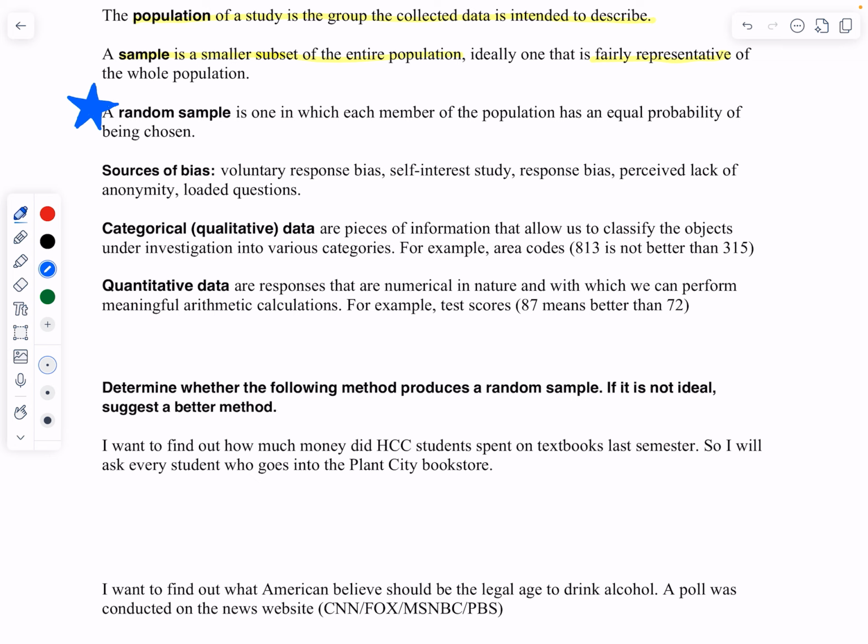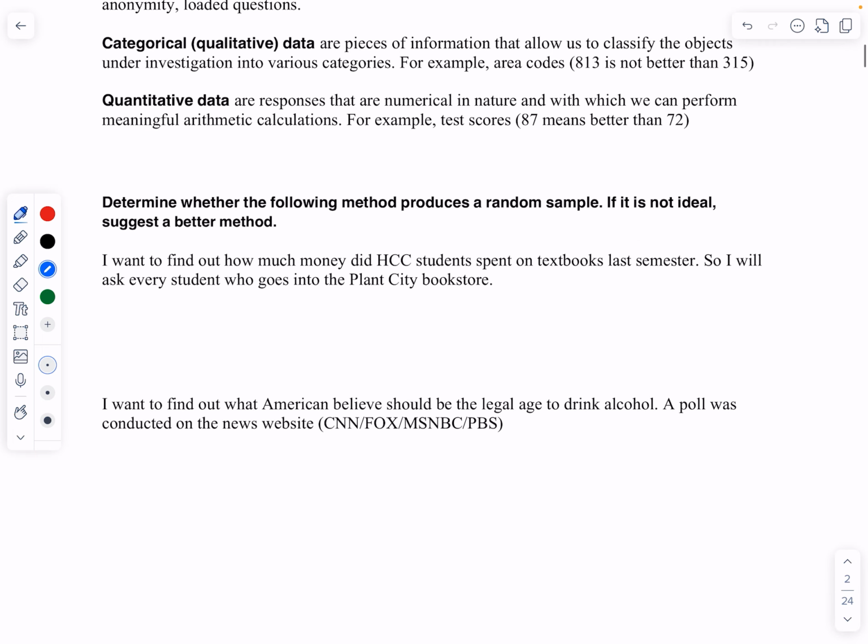Quantitative data are responses that are numerical in nature and with which we can perform meaningful arithmetic calculations. So quantitative data, for instance, would be your test scores. If I wanted to find your average, or your mean, of your test scores, I would add up all the test scores and divide by the total number of test scores. That would be quantitative data instead of qualitative.